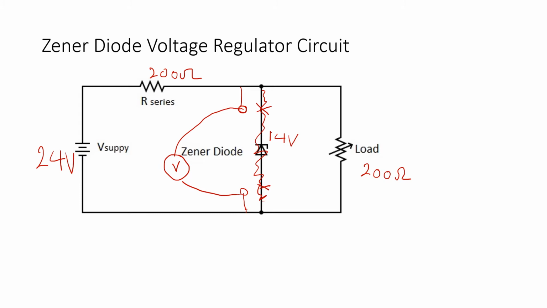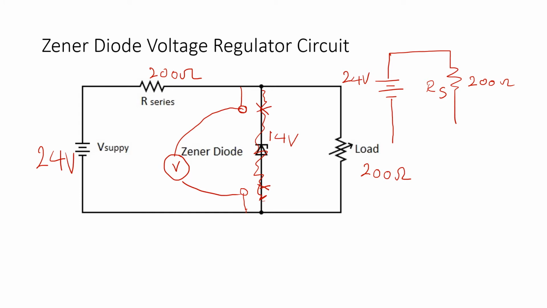To do the calculation, we are going to use a voltage divider method. So I'm going to redraw this circuit now in a form that's easier to understand. So if I draw the supply voltage, 24 volts, and our series resistor is 200 ohms.